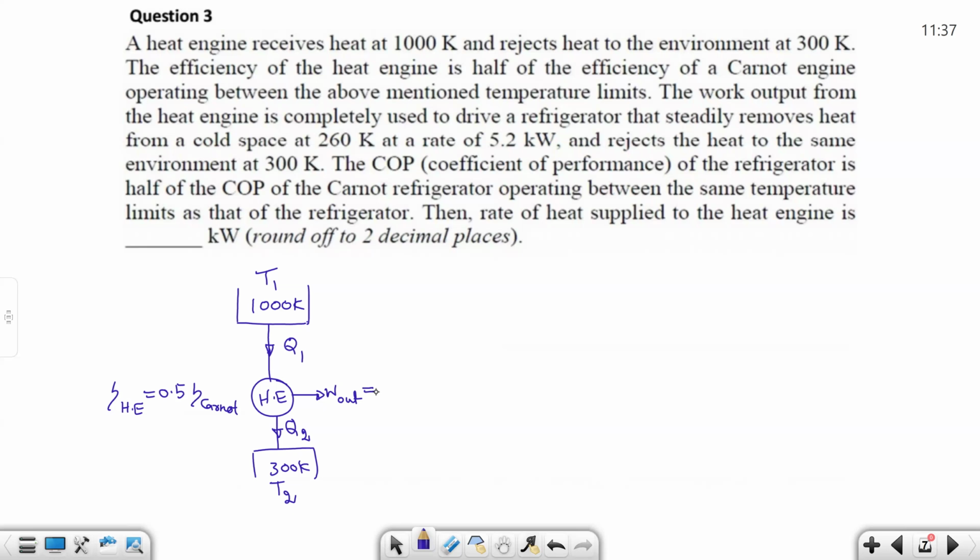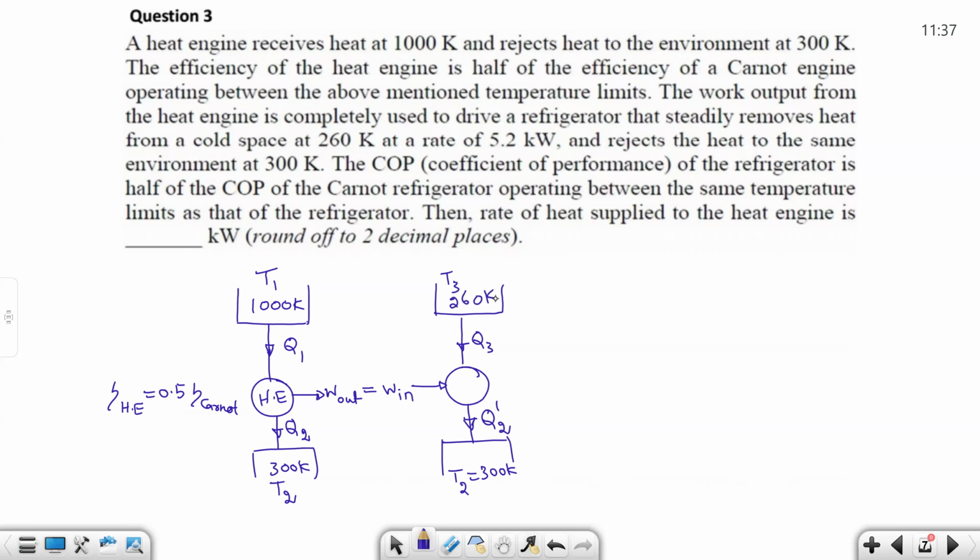So the work output is given to a refrigerator operating between a low temperature and a high temperature, which is the atmosphere, same T2. So it rejects heat to this, and this is the heat Q2 dash. Here Q2, here Q2 dash, and it takes heat from the lower temperature. So this is T3, which will be 260 Kelvin.